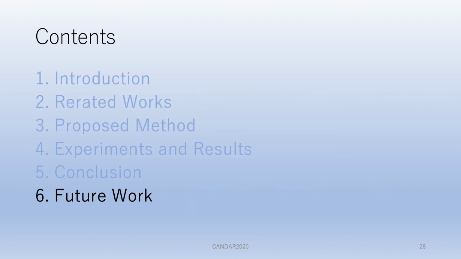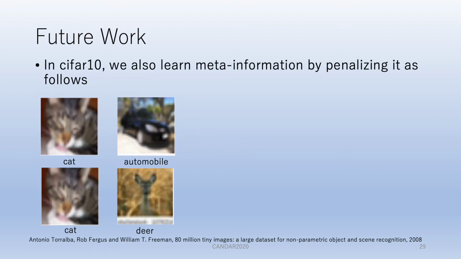Finally, I'd like to start by talking about future work. In this study, the model was trained on numerical information in MNIST. Even in an object classification task like CIFAR-10, we could also learn meta-information by penalizing misclassification.